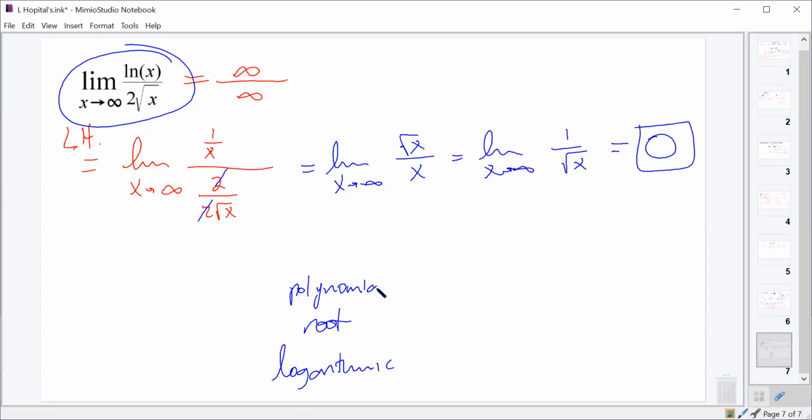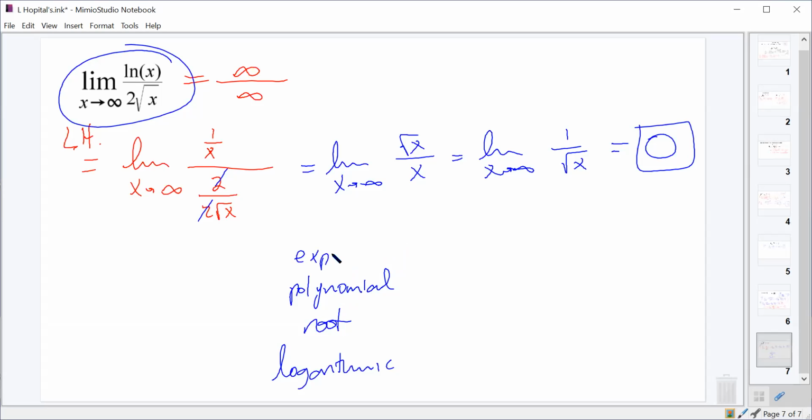Degree of 1, right? A linear function will increase more quickly than a square root function, but a parabola will increase more quickly than a first degree, and a cubic will increase more quickly than a parabola, and a 4th degree will increase more quickly than a 3rd degree, and a 100th degree polynomial will increase more quickly than a 99th degree polynomial. And then what's faster than a polynomial function? Exponential.